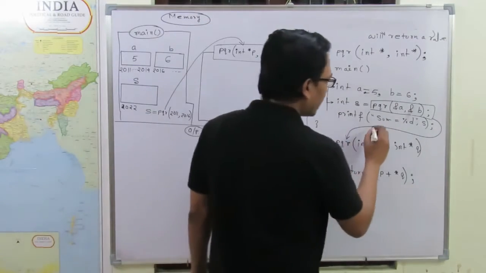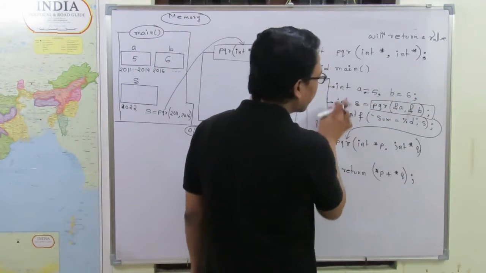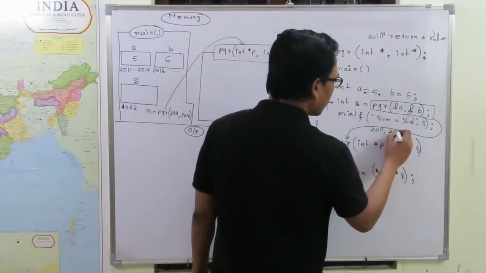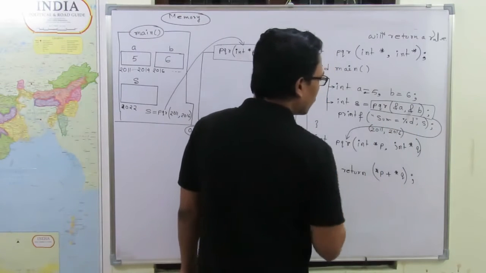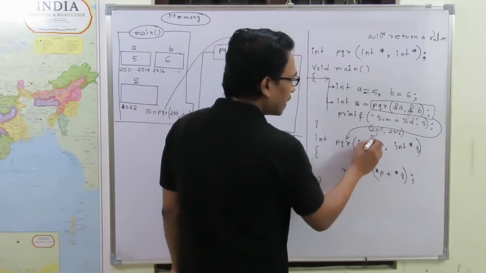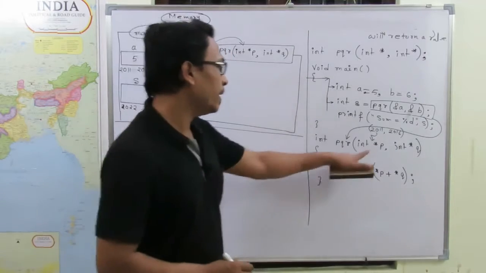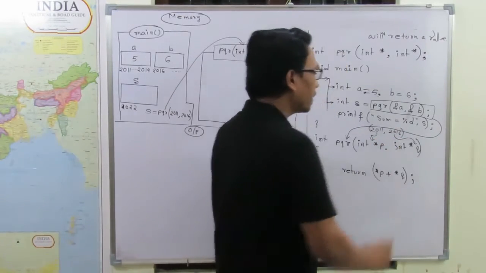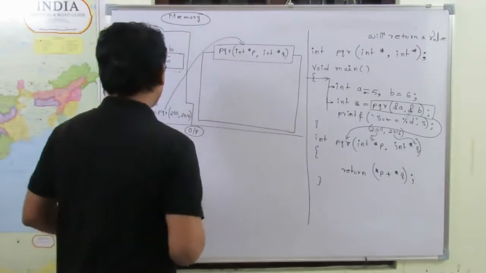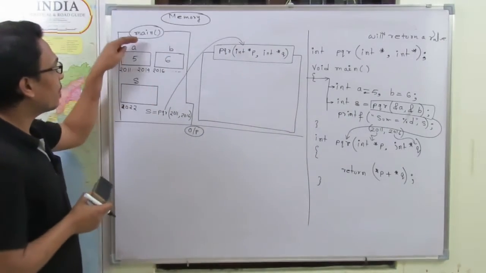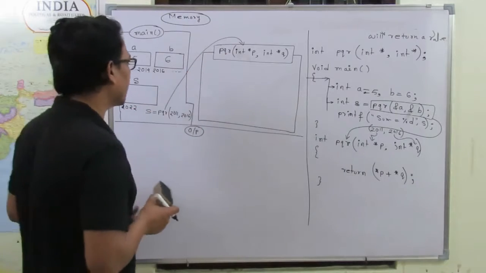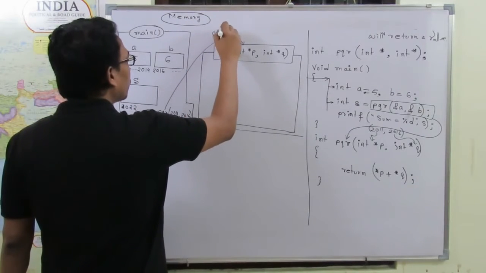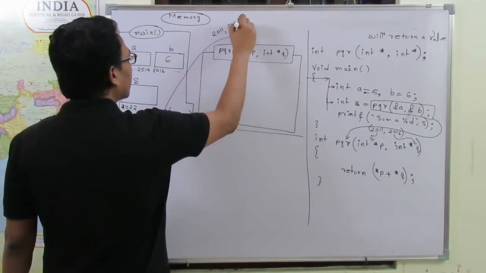The two arguments that pqr takes from the main function are 2011 and 2016. So the address 2011 will be stored in the pointer p, and the 2016 address will be stored in pointer q. That means when the control comes from the main function to the pqr function, it comes with two arguments, 2011 and 2016.